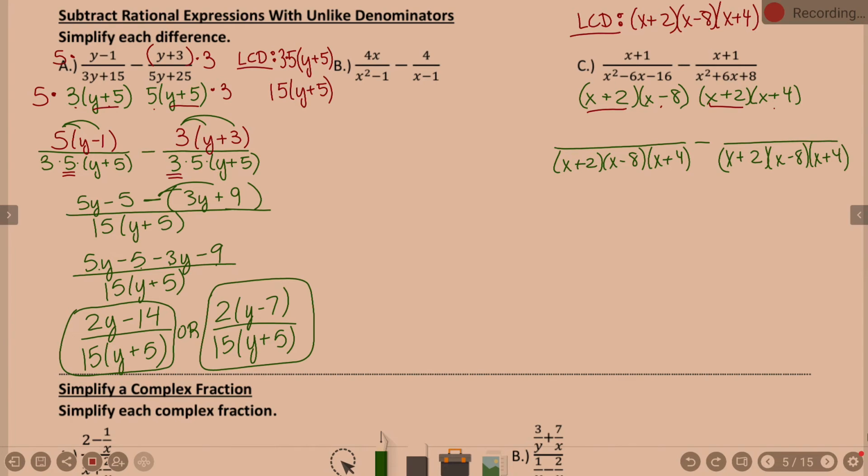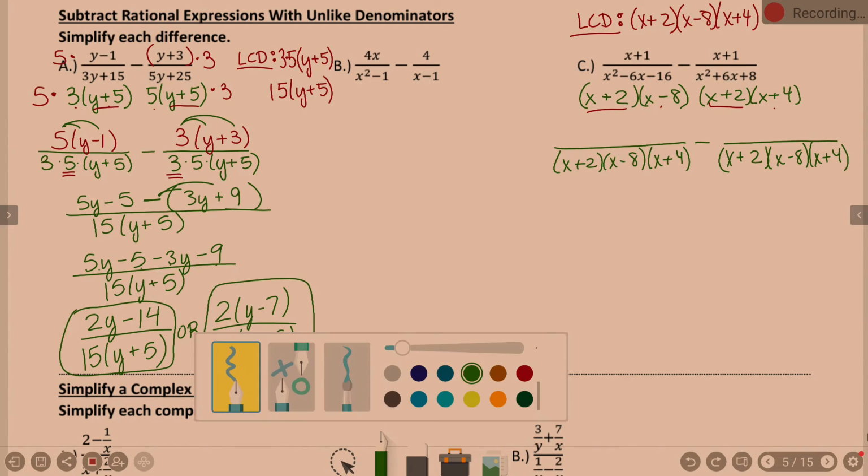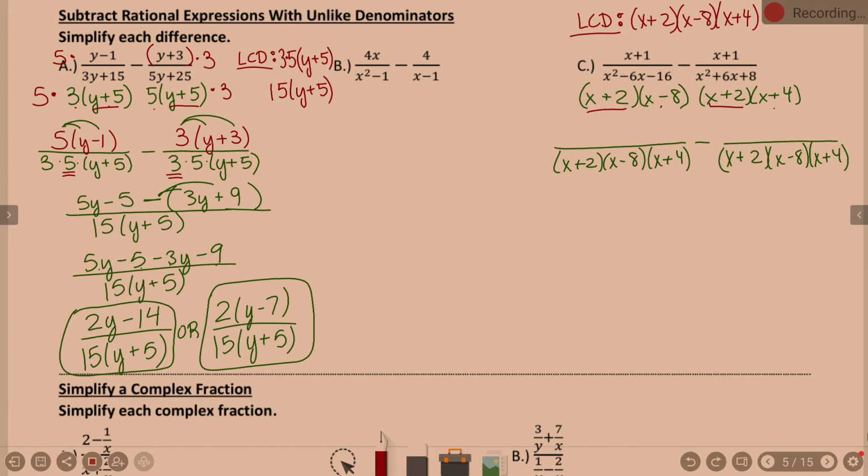I went ahead and wrote it out in both my denominators. Obviously, as you start to do this on your own and get the flow for it, you can adjust the steps to your liking. I show a lot of steps. If I'm doing this on my own, I wouldn't show all these steps, but I know at the beginning we need them.